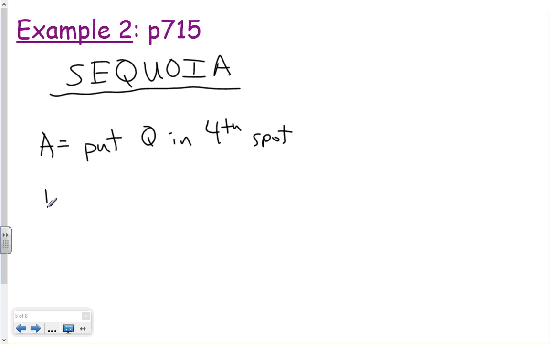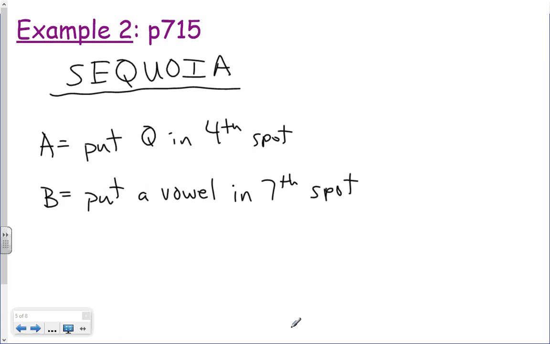We'll say that event B, they said the Q is in the 4th position, and it ends with a vowel. So the other event that we need to worry about is putting a vowel in the last spot. And what is that? 1, 2, 3, 4, 5, 6, 7 letters in there. So that's putting a vowel in the 7th spot.